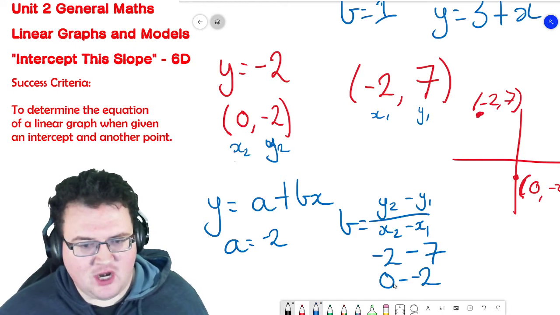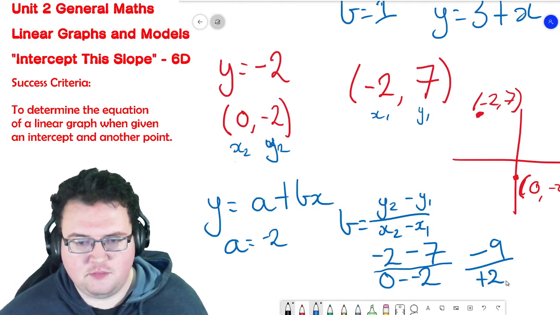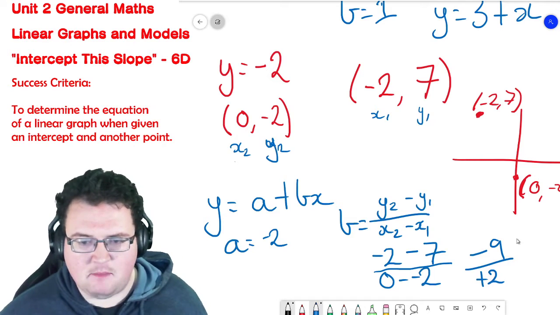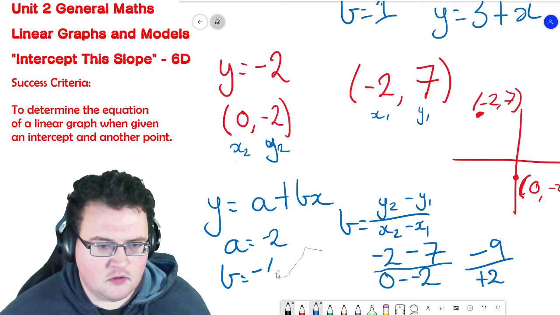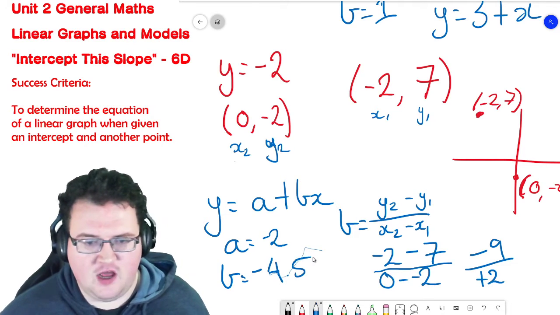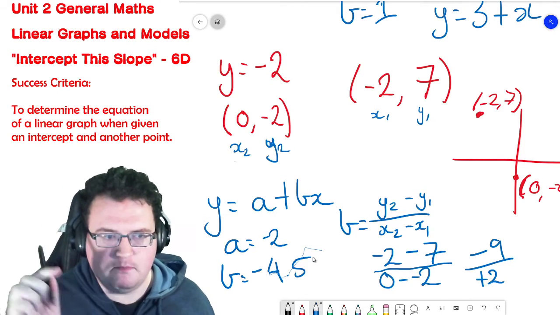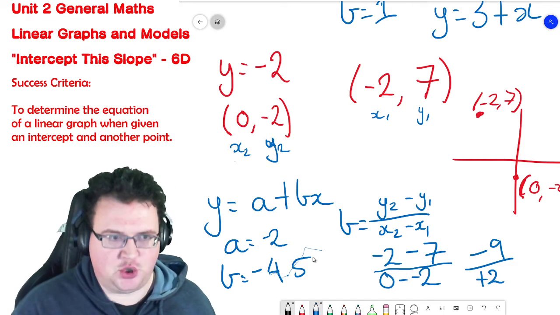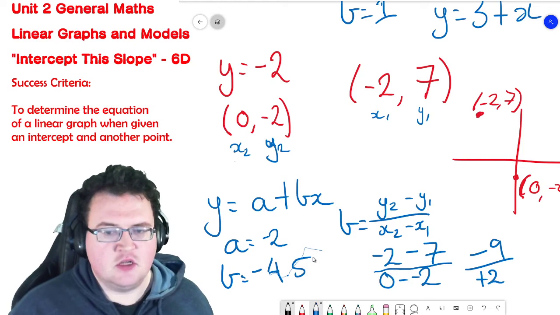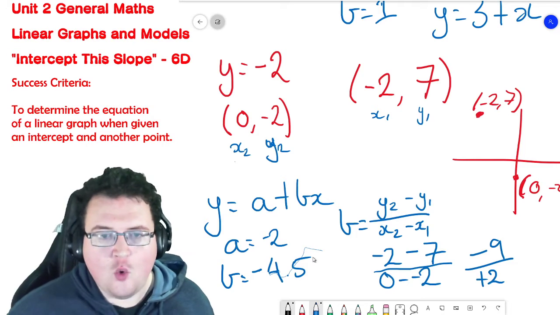What happens to this 0 minus -2? It becomes -9 over +2, which means that my B value is equal to negative 4.5. Because -2 minus 7 is -9, then 0 minus -2 is +2, and -9 divided by +2 is -4.5.